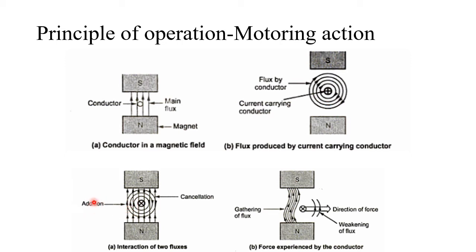On the right hand side, both directions are opposite, so there will be a cancellation effect. Because of that, you can see the direction of force. Here the potential will be higher, and here the potential is lower. So there will be a force from a strong flux to a weak flux. And that is the principle of operation of a DC motor.